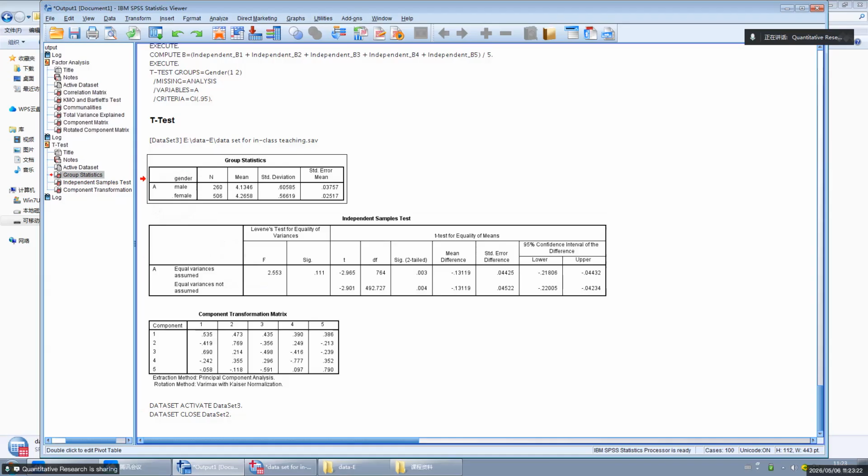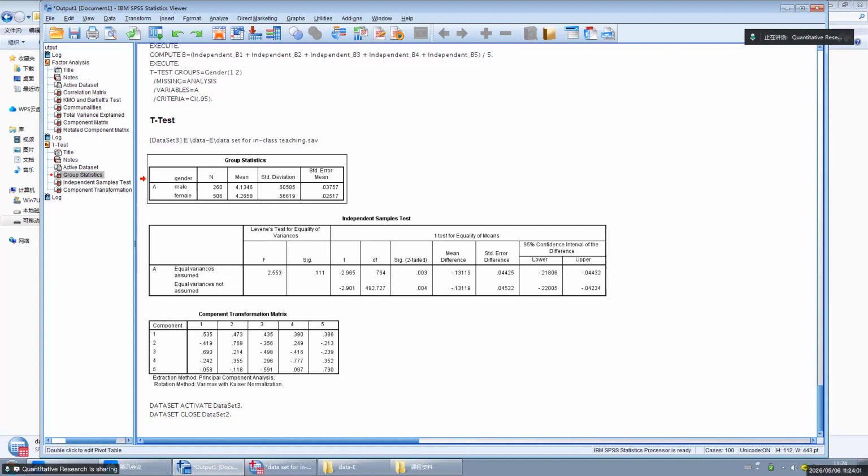So t and p are important because they show whether the difference is significant or not. So t and p should be reported. And the mean scores and the standard deviations should also be reported.